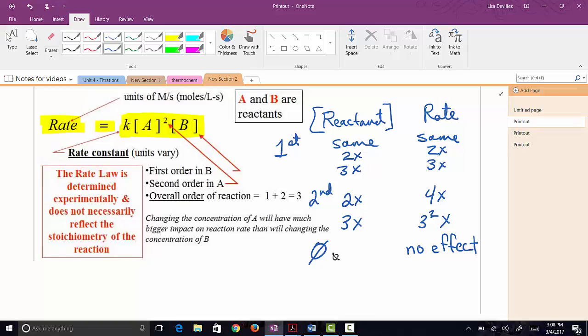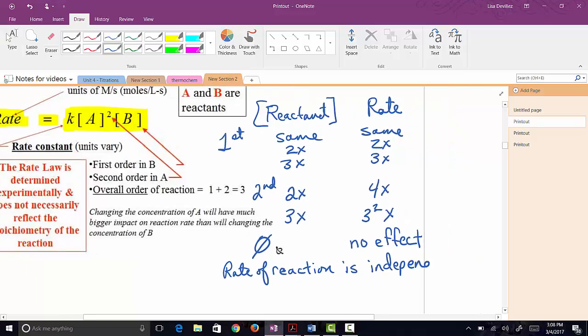And a phrase that you'll see in some of our quest problems is, it will say that the rate of reaction is independent of the concentration of that reactant.